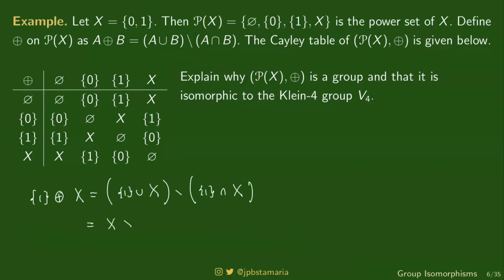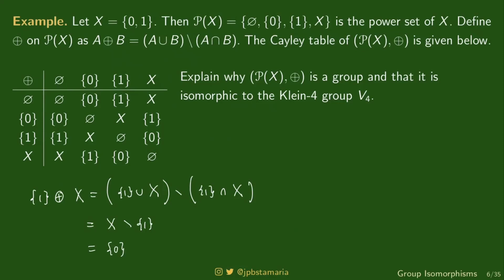The intersection of the singleton 1 and the universe is the singleton 1. So from the universe x, remove the singleton 1, what's left is the singleton 0. So in the table, 1 circle plus x is 0. And then here, I have just completed the table for you.